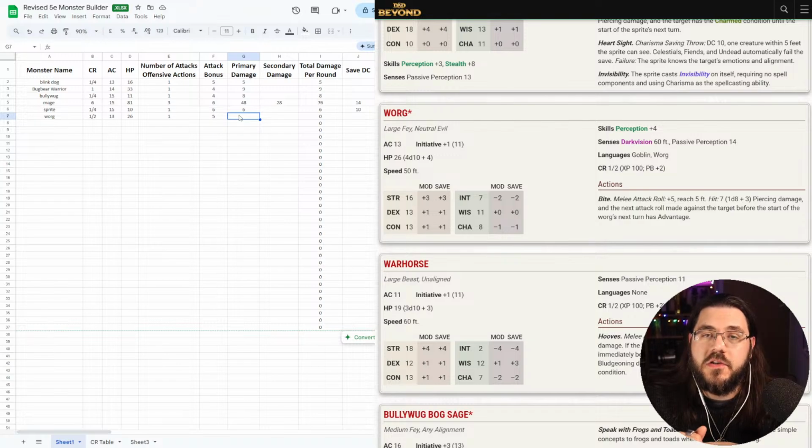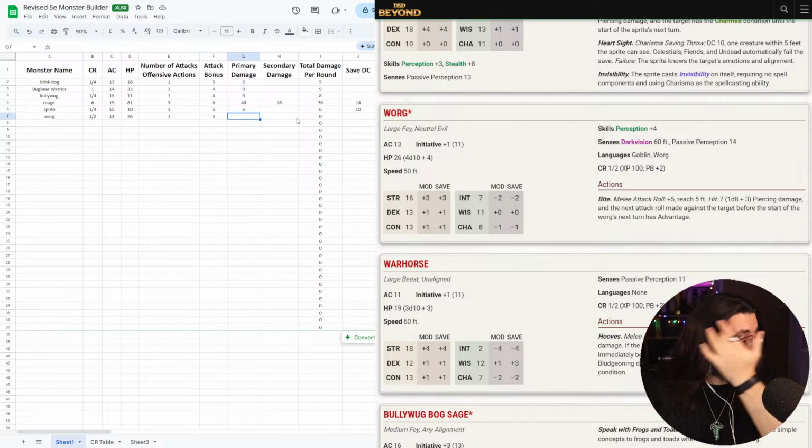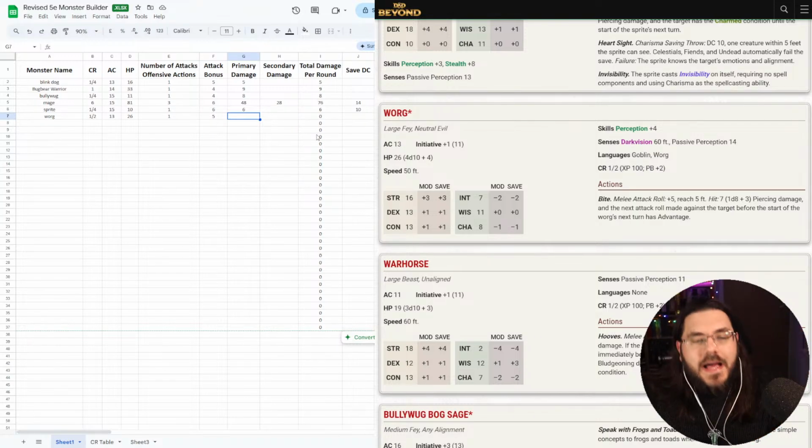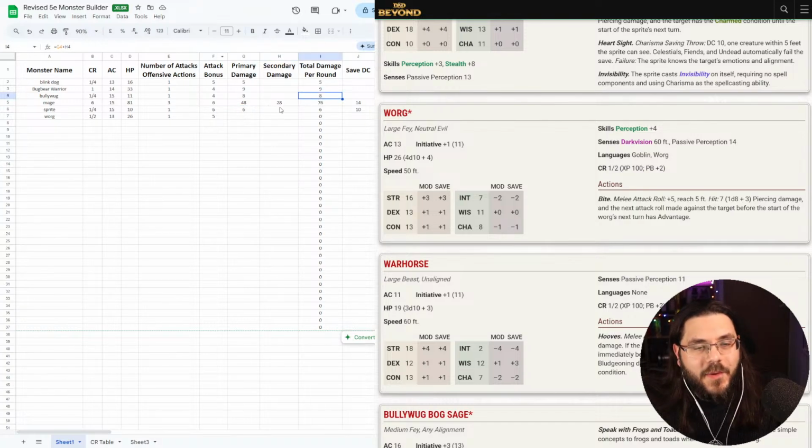Not total damage, is it instead do the secondary, alternative damage instead. Yeah, it's not exactly like that. I'm being lazy and I don't want to do the maths, but I really should. Yeah, we'll do it. Fine, we'll do it.